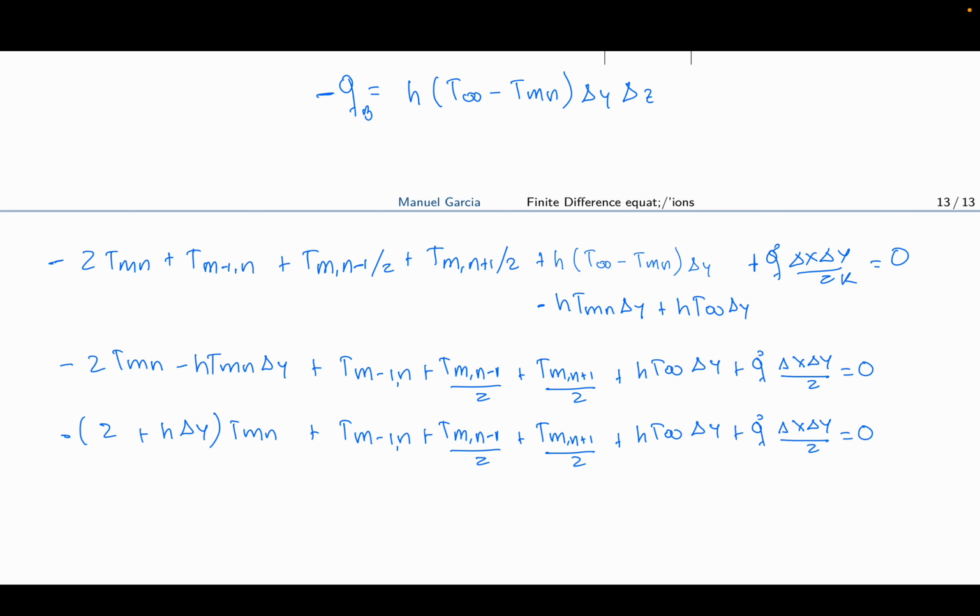Additionally, we could multiply by 2 if we want. If we multiply by 2, these 2 cancel, these 2 cancel, and these 2 cancel. That's optional, but this is the equation that we can have for a cell with convection on the right hand side.